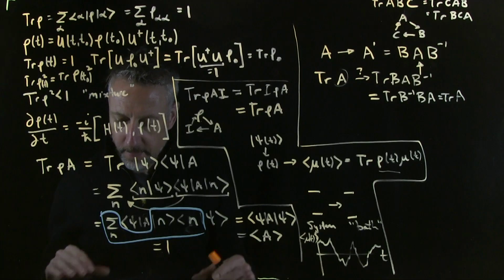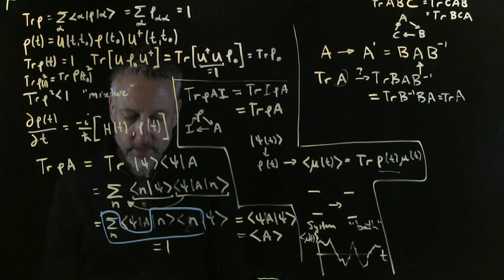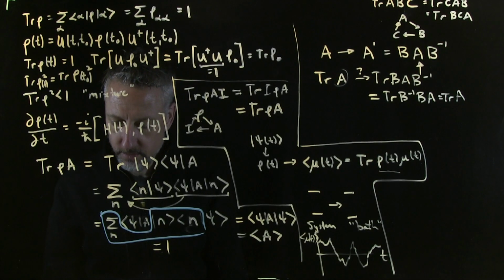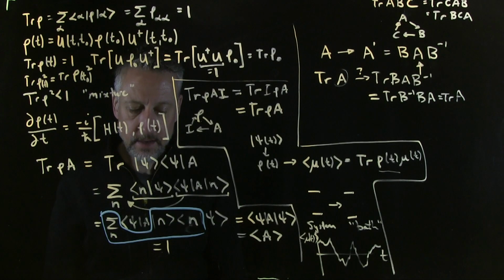Now we really have worked out already quite a number of things about the density operator, so we don't need to go into too much detail. What I'm going to do is show you something kind of interesting. We're going to look at the matrix elements of the Liouville equation.